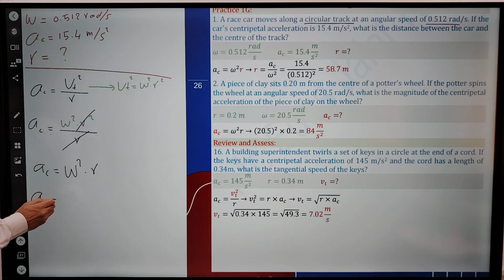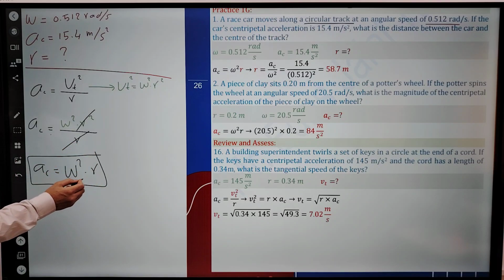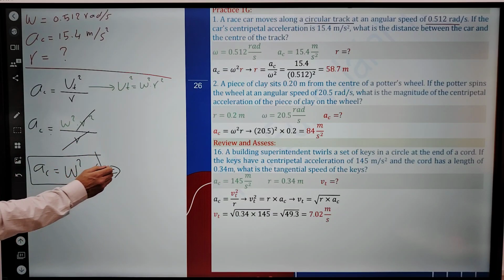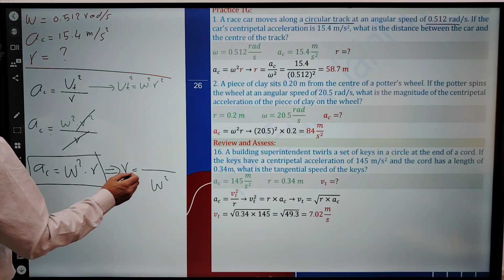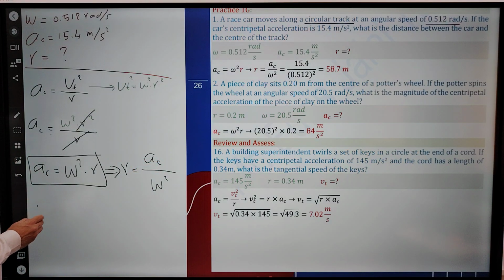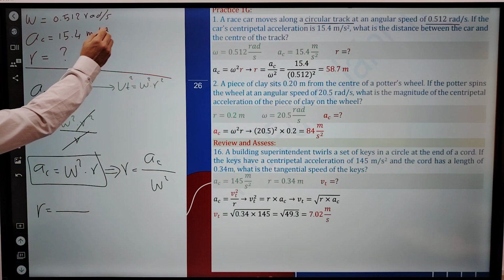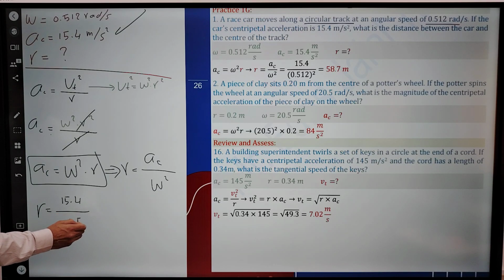Now we can replace and plug into this equation to find what? R. Okay? You have to rearrange this equation to find R. The omega squared goes to the denominator and AC remains at the numerator. Replace. Do we have AC? Yes, it was given: 15.4 divided by omega, which was also given, 0.512 squared.